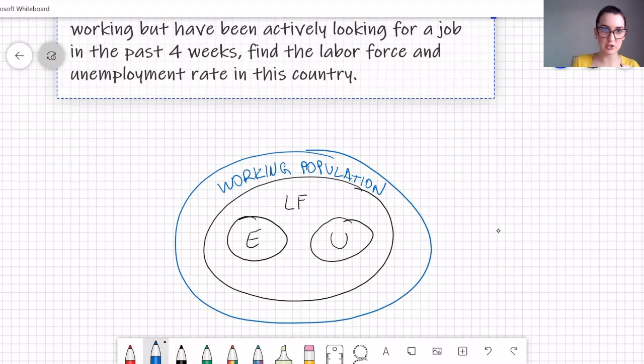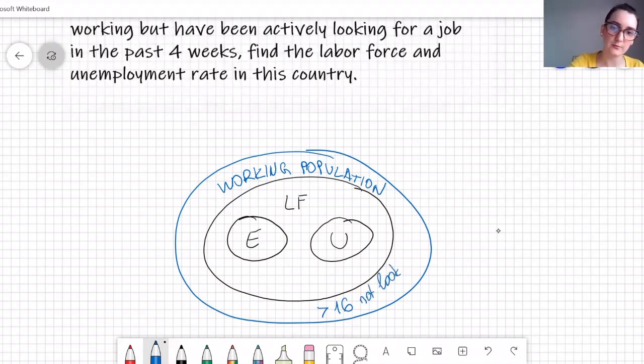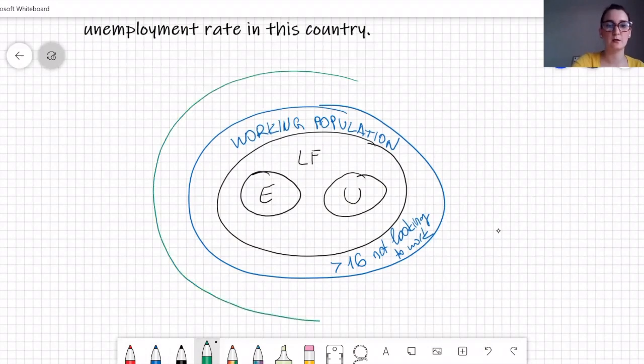So the working population is adults, actually people older than 16, who are not working and have not been looking for a job in the past 4 weeks. Let me put that little notation here: older than 16, not looking to work. And then the last circle will be the whole population.